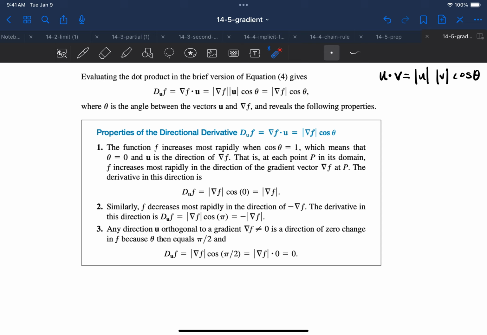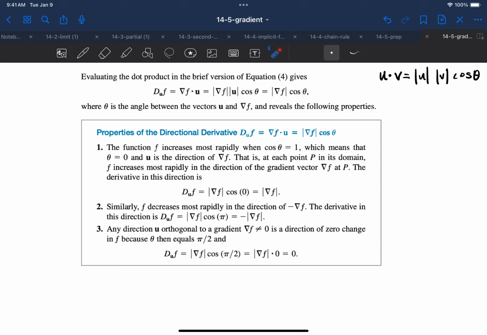Here theta is the angle between your actual moving direction and the gradient f. Gradient f is another vector, which means it's pointing to a certain direction, right? So when I realize u has length 1, we come up with this formula: D_u f can be written as the magnitude of gradient f times cosine theta.